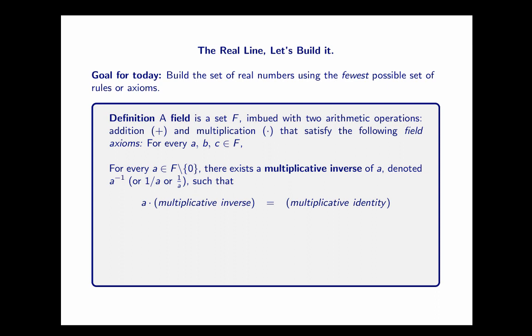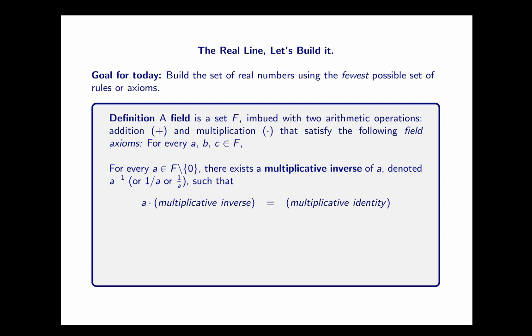Now, there's an additive inverse. There's also a multiplicative inverse for all numbers except for the additive identity. In other words, except for 0. 0 has no inverse. Okay, what is the multiplicative inverse? Well, it's the number that when multiplied by A yields the multiplicative identity, that is 1.